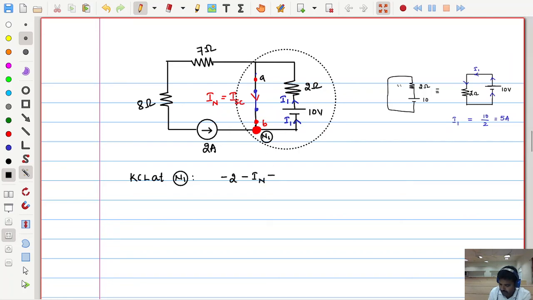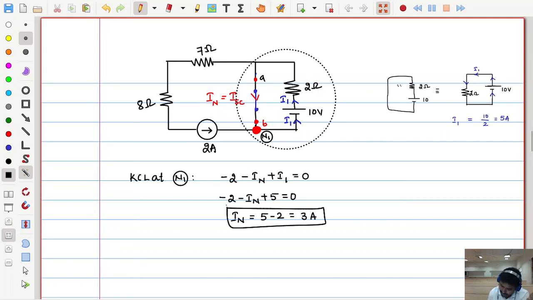One more current is leaving, which is I1, equal to 0. So minus 2 minus IN plus 5 is equal to 0. How much is our Norton's current? IN is equal to 5 minus 2, which is 3 amperes. Is this clear?